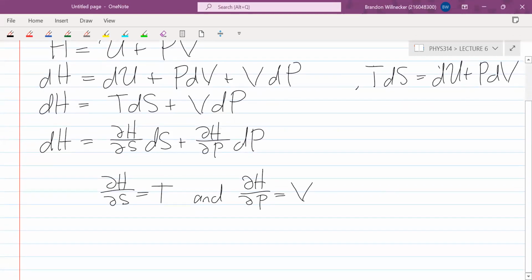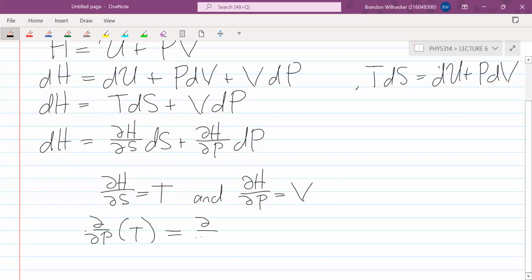Okay, good. Now we can do the mixed derivatives. So for the first one, we're first differentiating by S, so let's differentiate by P now. So d by dP of T must be equal to this dH by dS, but differentiating by the other variable, so that we get the mixed derivative.